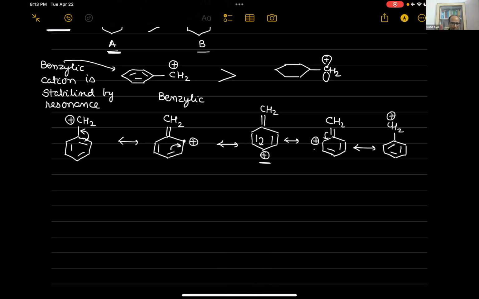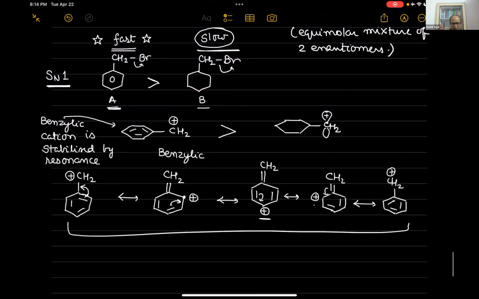This is known as resonance, and by doing this, I am trying to explain that the cation formed in A, that is a benzylic cation, is very much stable because the positive charge spreads by resonance. This phenomenon is known as resonance. And the positive charge gets distributed, it becomes stable, and it can form more quickly. Is it clear or not?